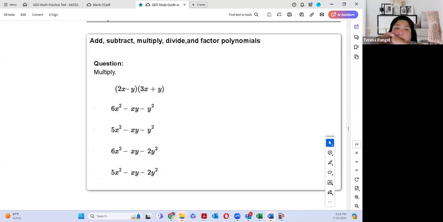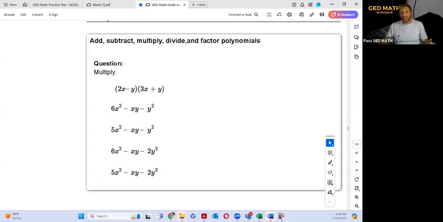So here, again, this is A, B, C, D. First of all, I would understand how to multiply binomials. I know how to find the first term and the last term. I know that's 6x squared, and the last term is minus y squared.